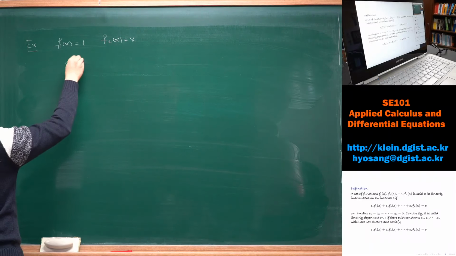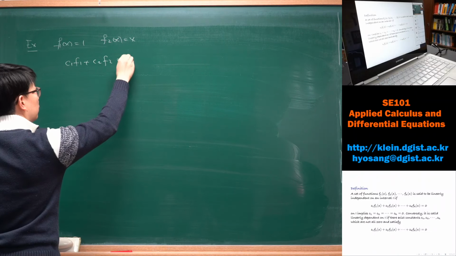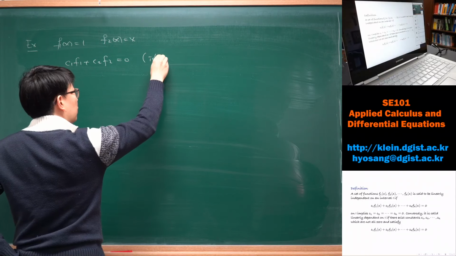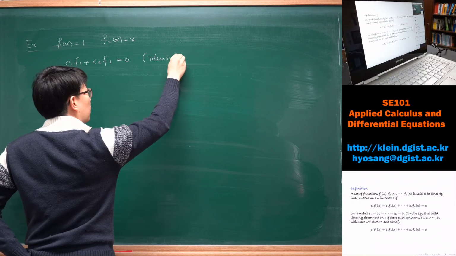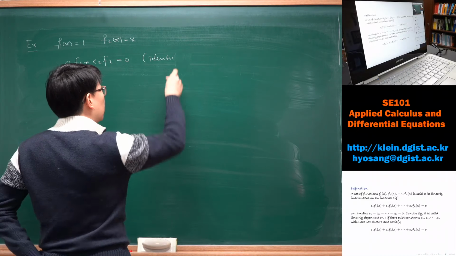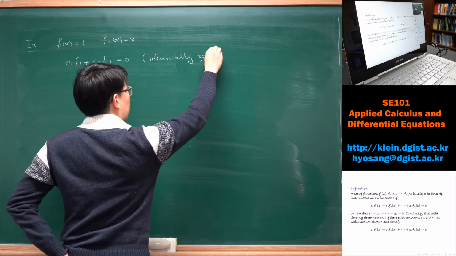Let's say we have c1 f1 plus c2 f2 equals 0, identically.